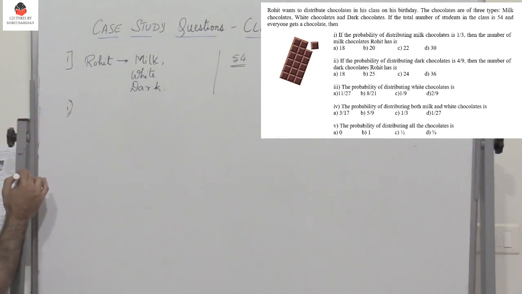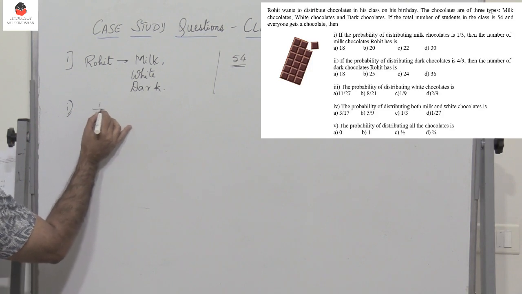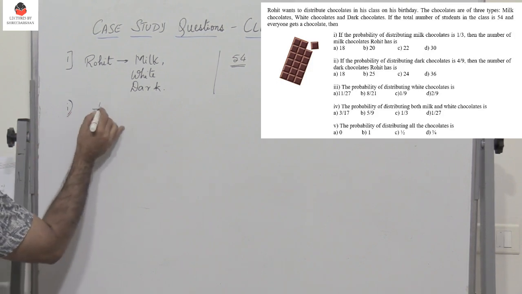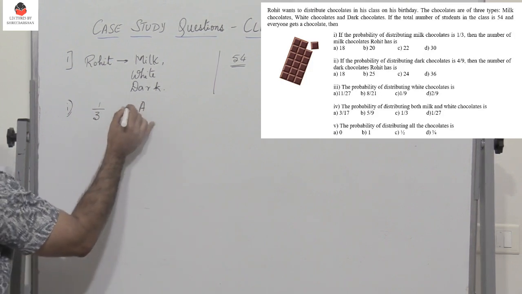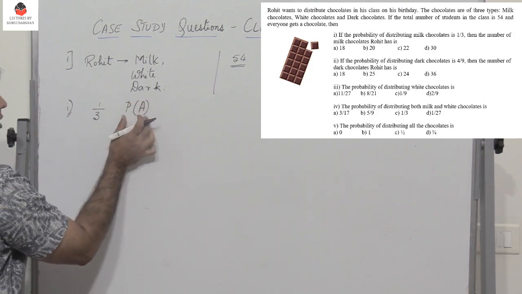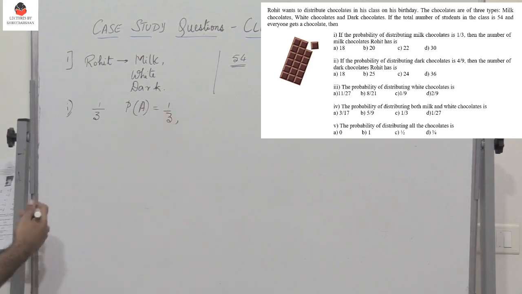Question 1. If the probability of distributing milk chocolates is 1/3. So let us say A is the number of milk chocolates and the probability of distributing milk chocolates is equal to 1/3, then the number of milk chocolates Rohit has.